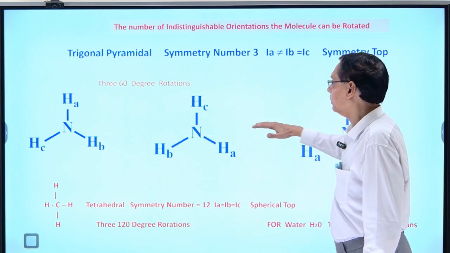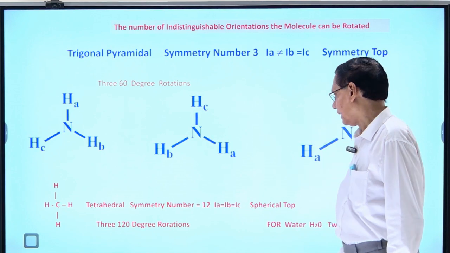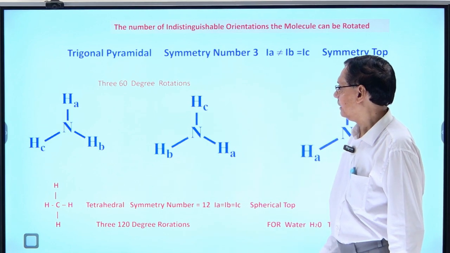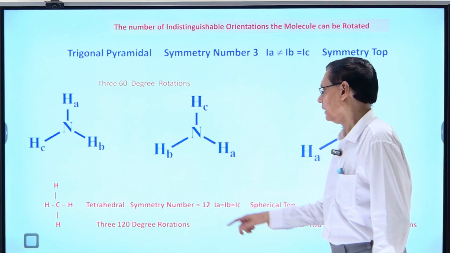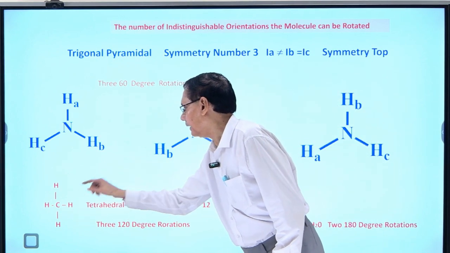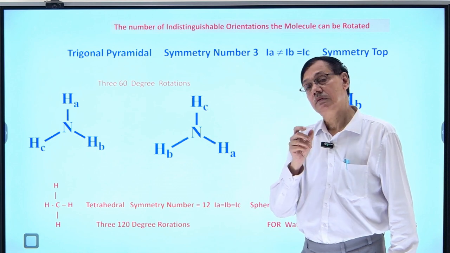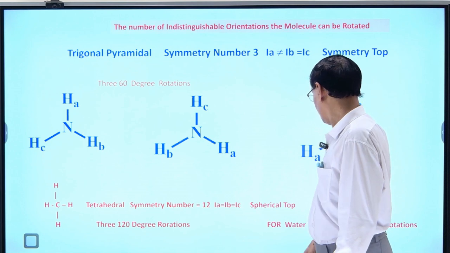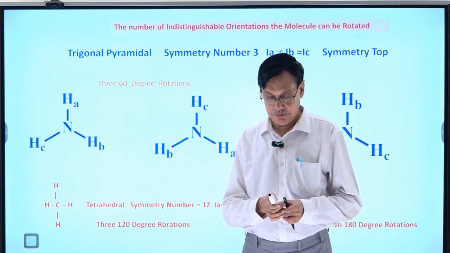So, in the ammonia case, the symmetry number is 3. Whereas, if I take methane, with its rotations, there are 4 hydrogen atoms, so there are 12, the symmetry number is 12. Whereas, in water you see there is only a symmetry number of 2.